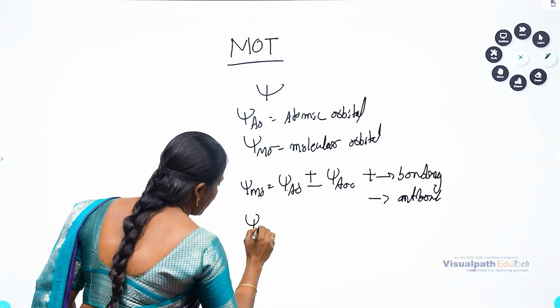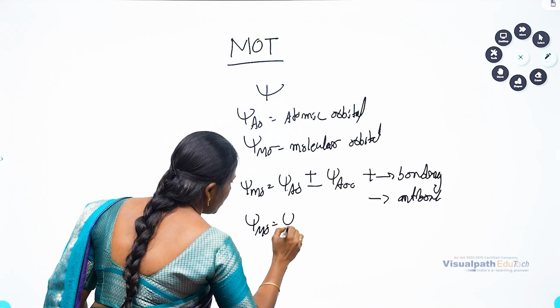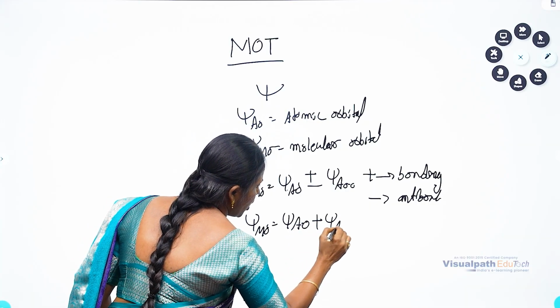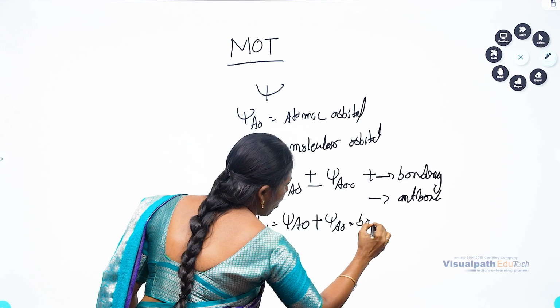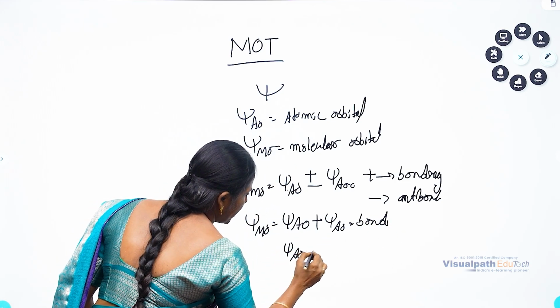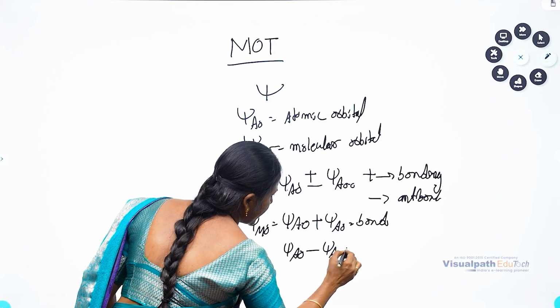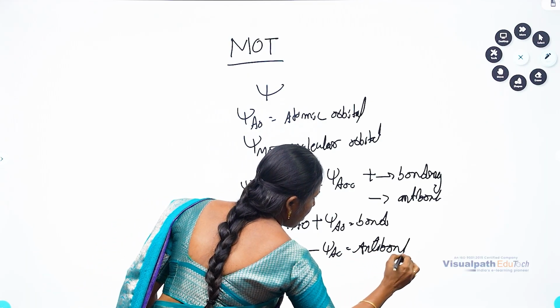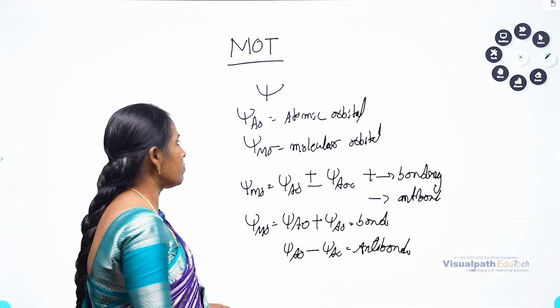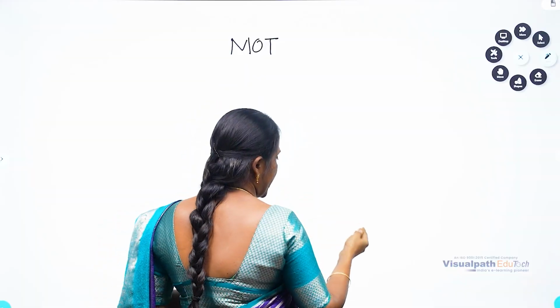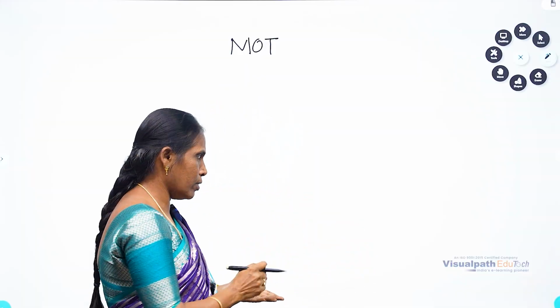That means psi molecular orbital is equal to psi atomic orbital plus atomic orbital, which is the bonding. And psi atomic orbital minus atomic orbital indicates the anti-bonding.